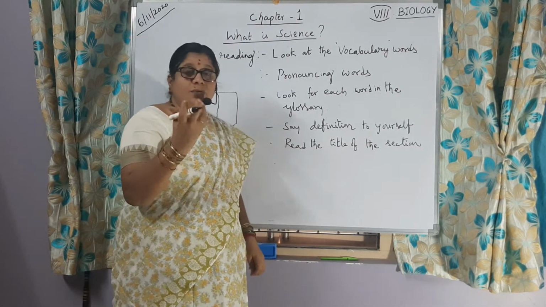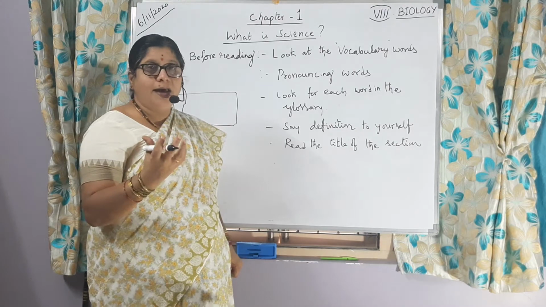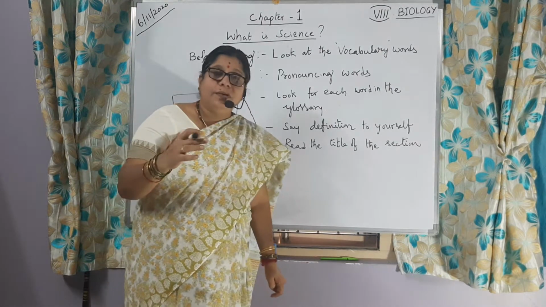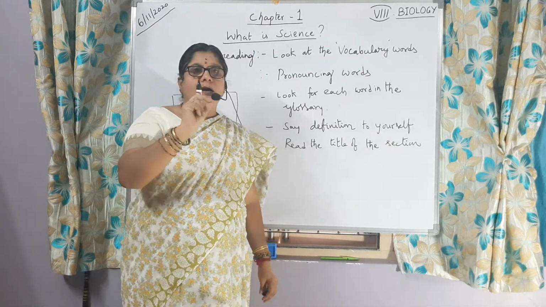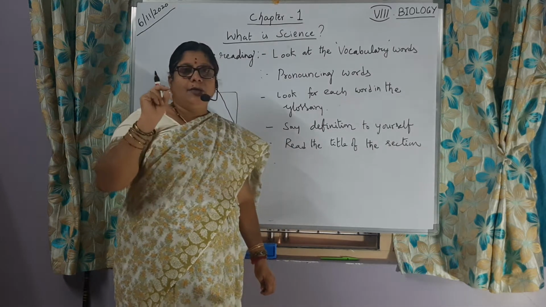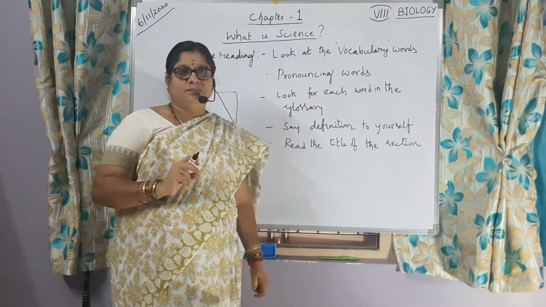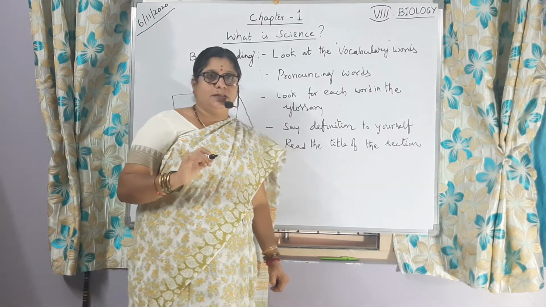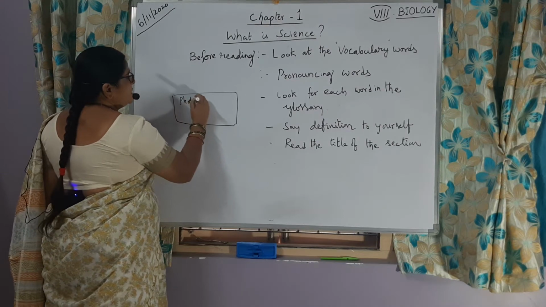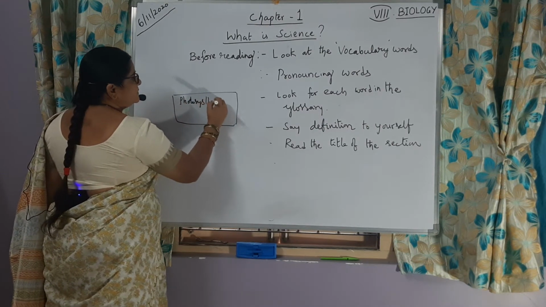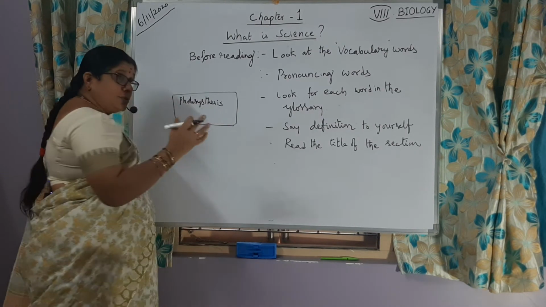For the glossary words that have been given, you frame definitions. For example, with the help of chlorophyll, plants prepare food by the process called photosynthesis. In the box, photosynthesis is given. This word is also used in the lesson.